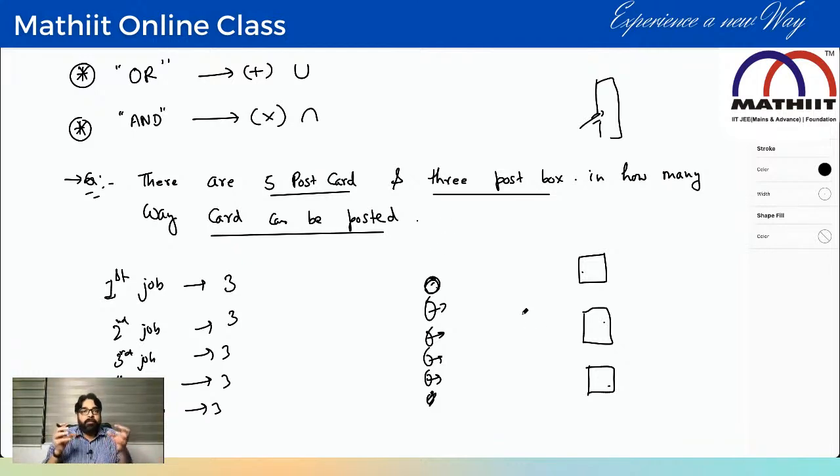So every job has a small job inside. First job I have to do, and second job, and third job. So it means 3 into 3 into 3 into 3 into 3, 5 times, and that is equal to 243. I'm sure everybody understood this point.